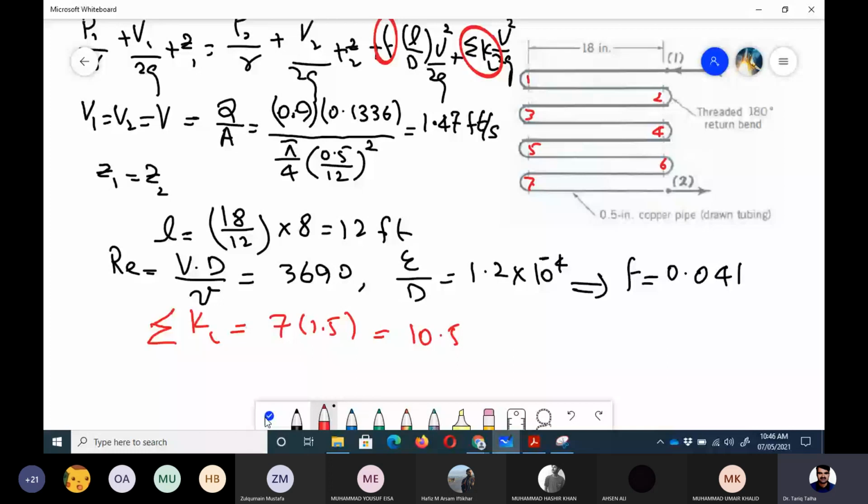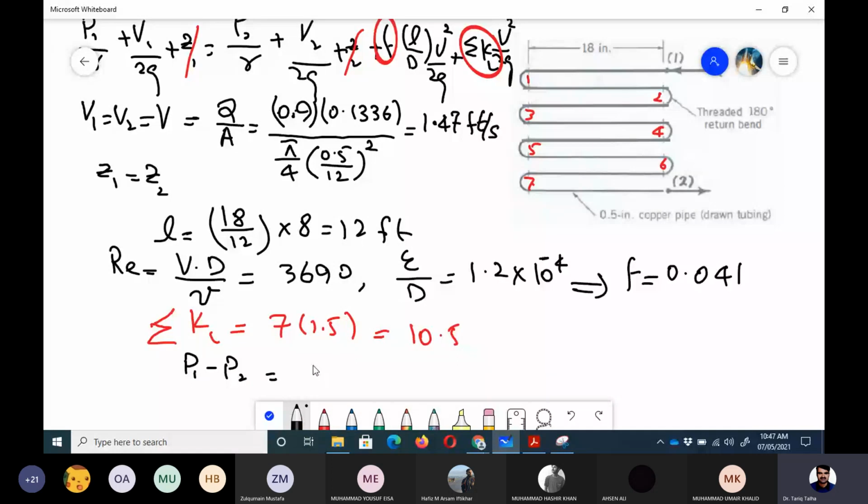So now we know all the values, right? Velocity, length, diameter. So we need to calculate P1 minus P2. So it is quite easy that we multiply the whole equation with gamma, and this Z1 and Z2, they would be cancelled out. So P1 minus P2, we multiply the whole equation with gamma, and then we put in the values. And I can trust you that you can put in all the values which we have determined.